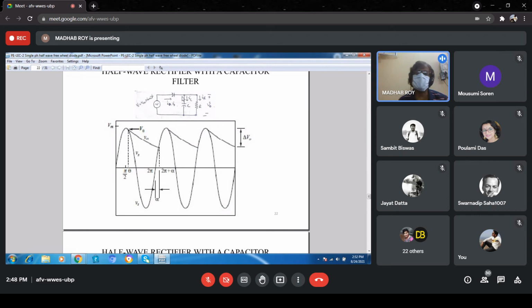There will be a capacitor voltage due to the storing of the charge, and this charge will be stored gradually from 0 to pi. But beyond pi, when the voltage is falling, you see that the polarity is such that during the charge this part will be positive and this part will be negative. So now this source voltage is positive and negative.